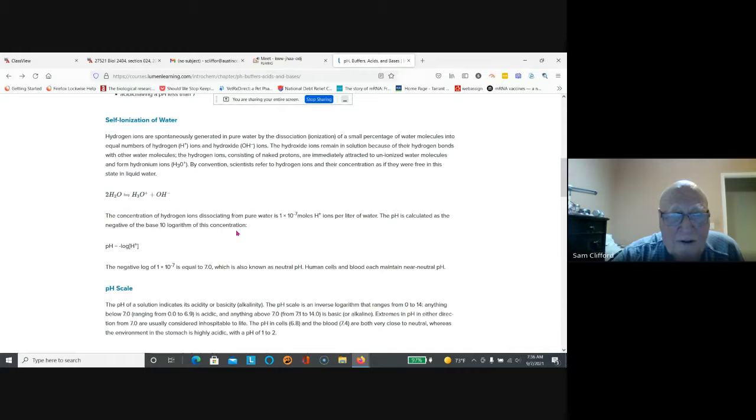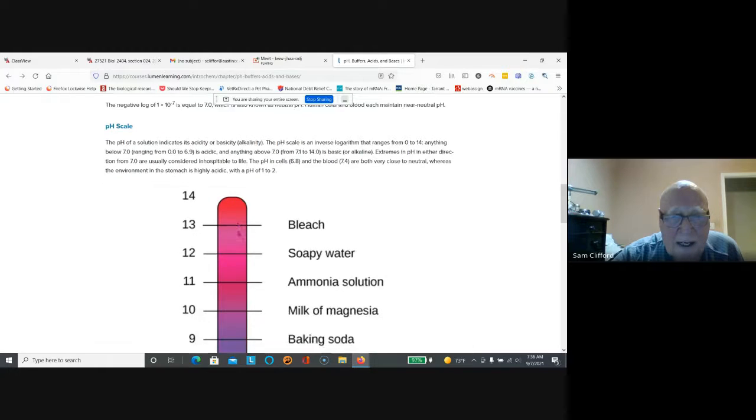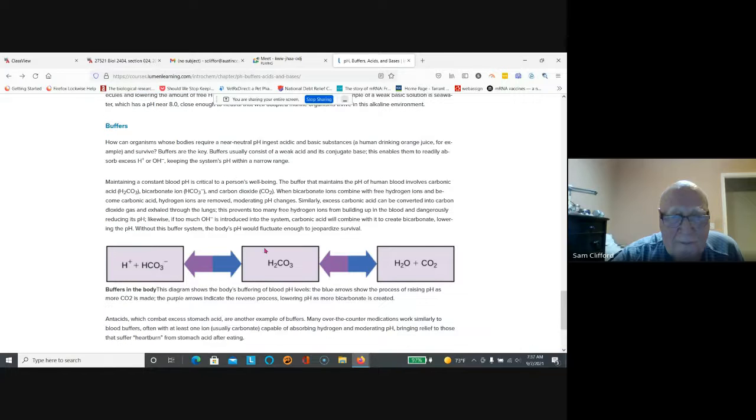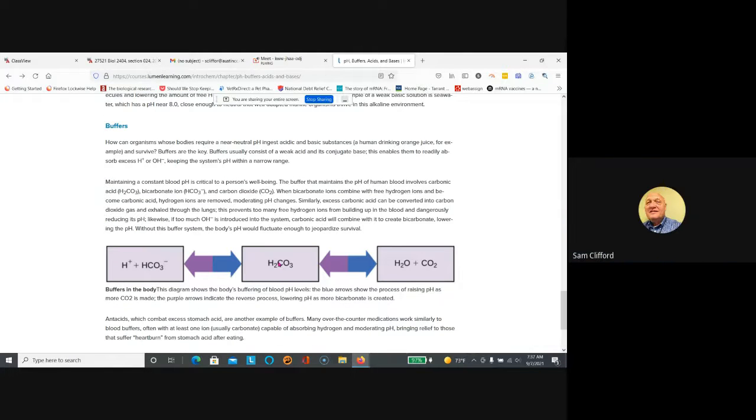But you have buffers. The main buffer in our body is when CO2 that we produce as we produce energy combines with water and it'll break apart into H plus and bicarbonate. So this CO2 is dissolved in your blood and in your tissue fluids.